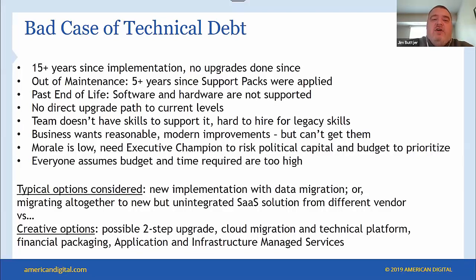As a result, the executives have kicked that can down the road and left it for their successor. They've gone on to something more interesting and transformational. And as a result, in order to fix that problem, it does require some political capital and a budget to prioritize getting rid of that massive amount of technical debt, right?